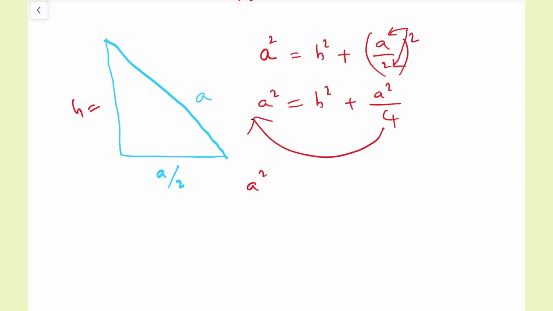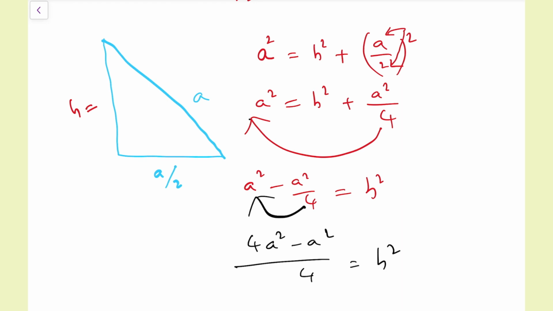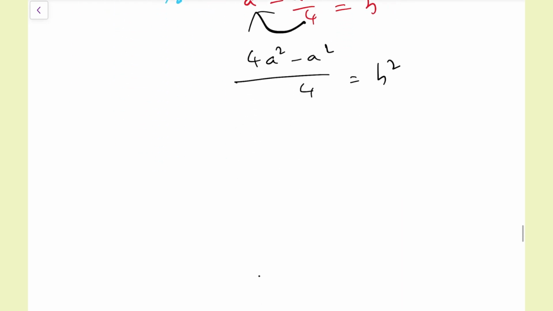A square as it is minus a square by 4 equals h square. 4a square minus a square divided by 4 equals h square. 4a square minus a square, 3a square by 4 equals h square.